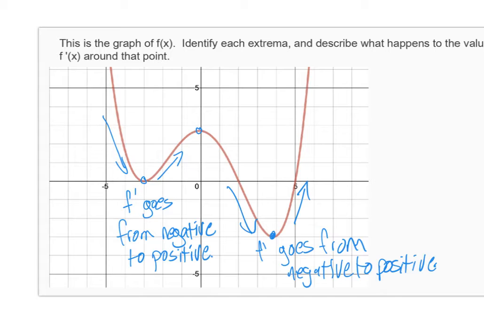All right, for the other part, we're going for our maximum, and here my graph's going from increasing to decreasing, and that means that f prime changes from positive to negative. All right, so it seems like we have some patterns here.